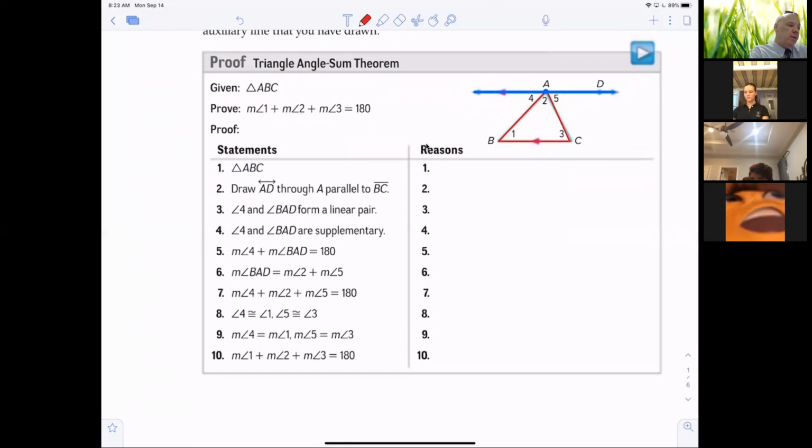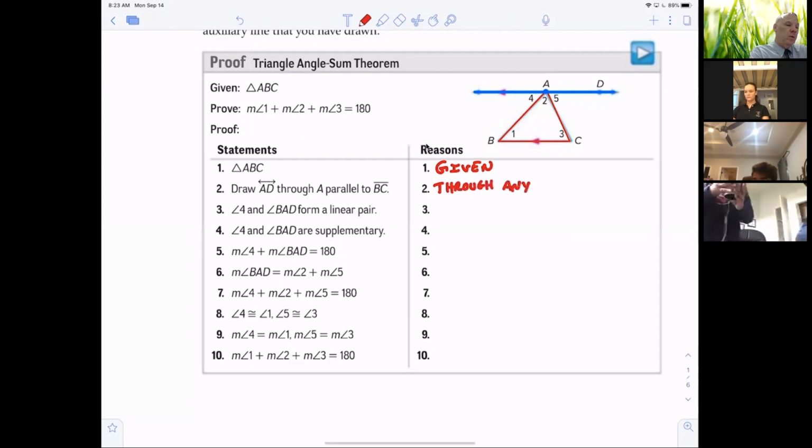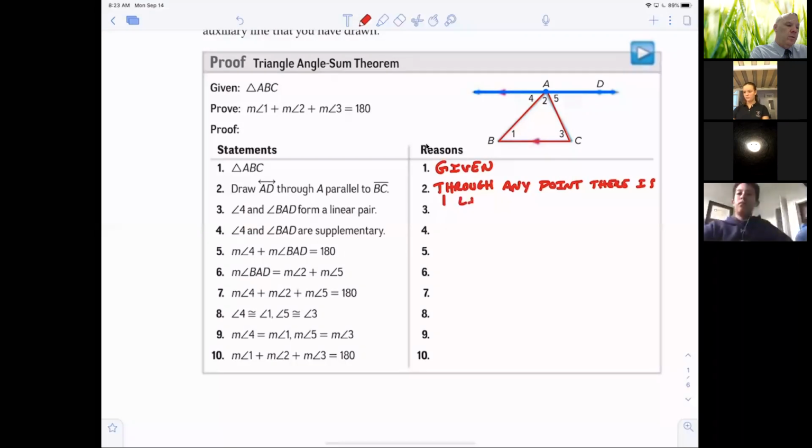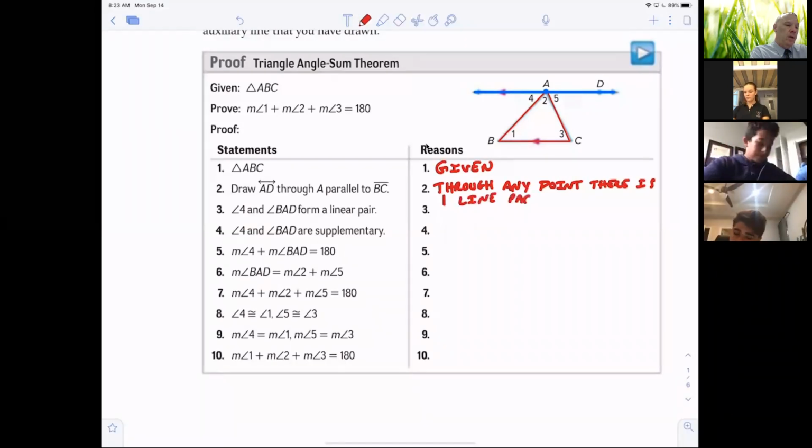Triangle ABC is what? Given. Thank you. That is given. Draw AD through A parallel to BC. That is, again, drawing an auxiliary line, but I'd want you to say that through any point there is one line parallel to line BC, or segment CB, actually.